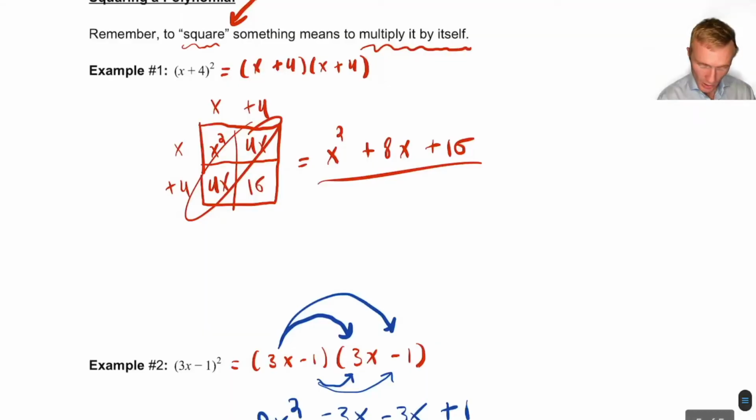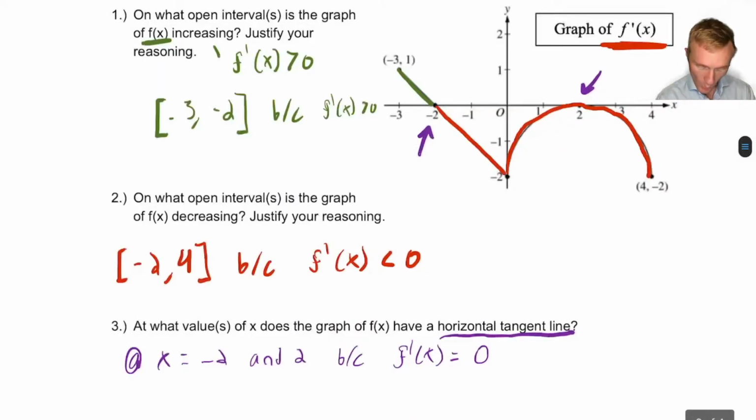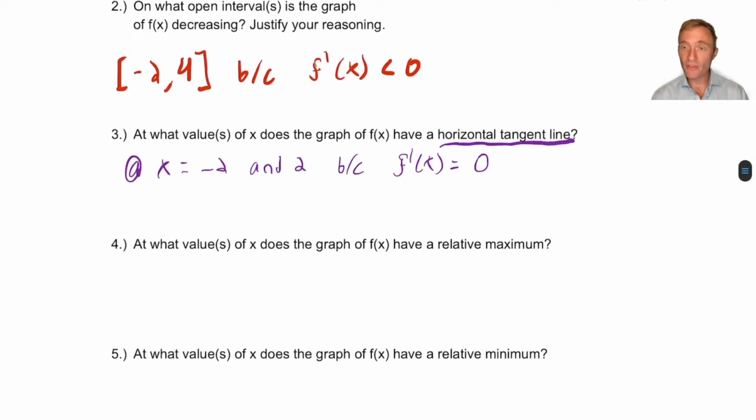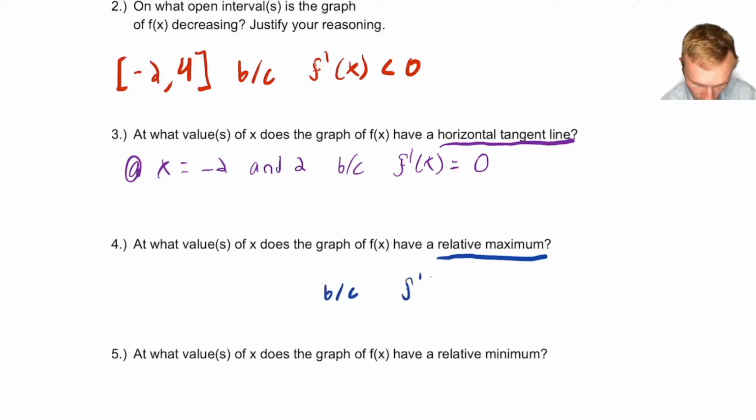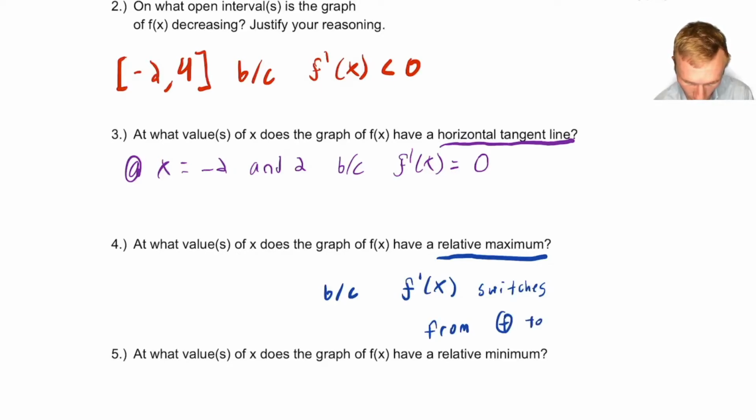All right, now these are the tricky ones. At what values does the graph of f of x have a relative maximum? I'm going to go ahead and fill in the y here before, and then we'll look for it. So I'm going to say this is because the derivative of x switches, and this is a notation you can do, from positive to negative.